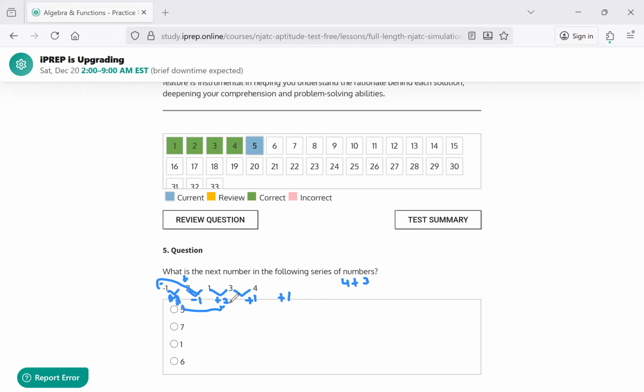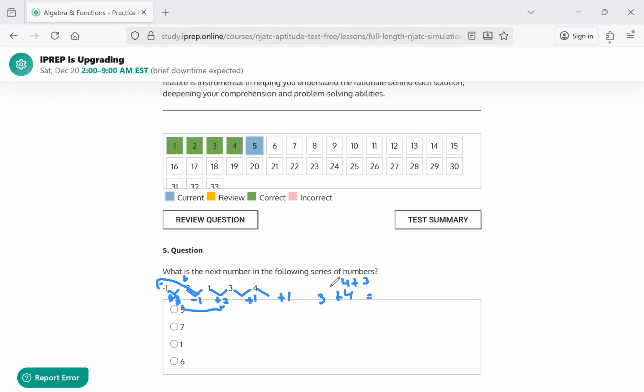And then you add 2 plus 1, that's 3. So it's going to be 3 plus 4, right? Because this next number is aligned to this one. So it's going to be 4 plus 3, which is 7.